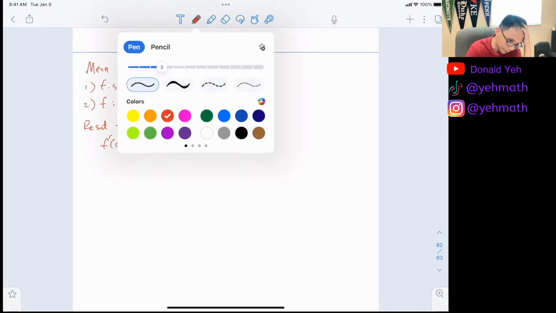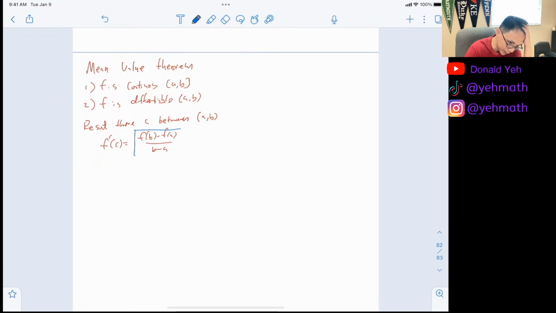Now, I'm using color pencil here. This is also known as the average rate of change. You can write this down too: this is called the instantaneous rate of change.